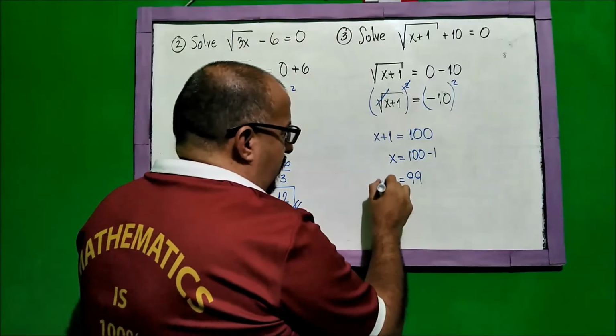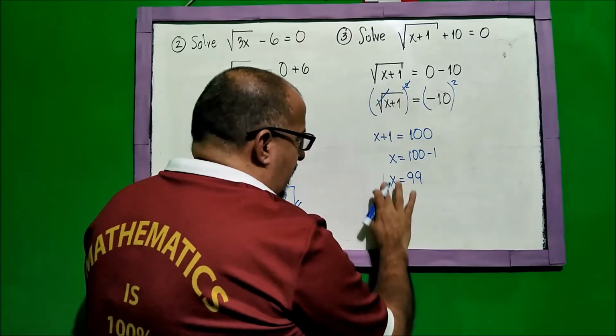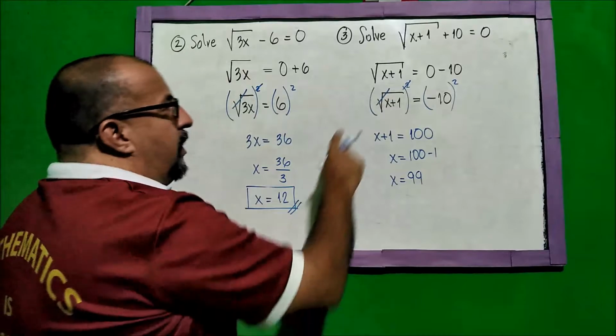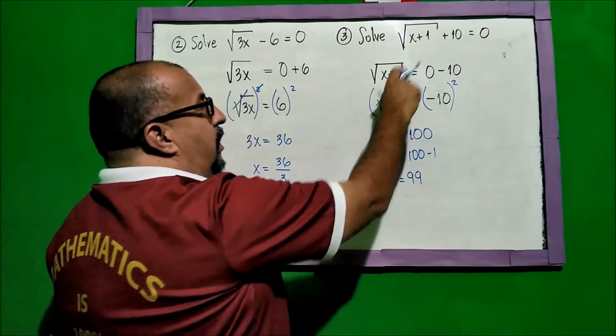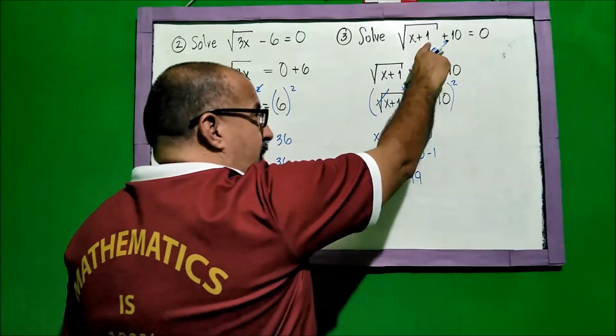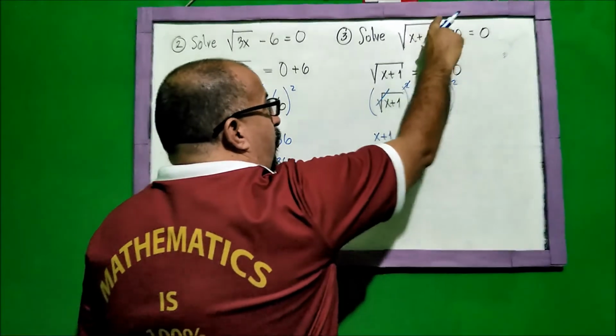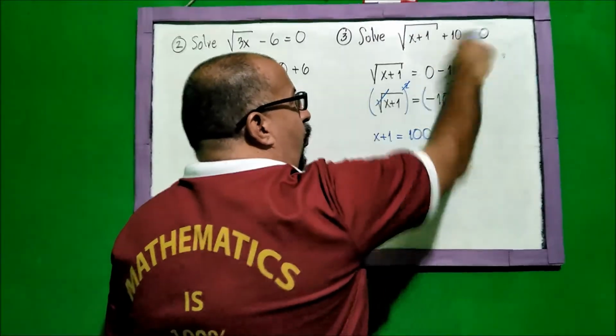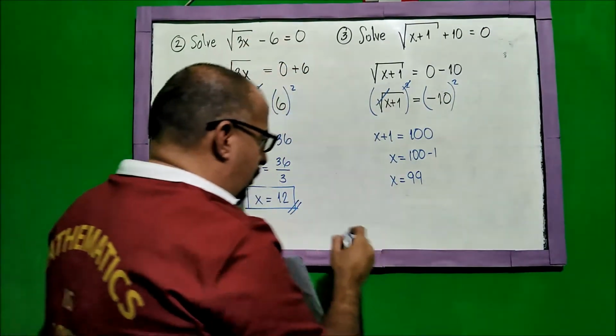So, let's analyze what happens with this 99. I bring the 99 into the original equation. 99 plus 1 is equal to 100. The square root of 100 is equal to 10. 10 plus 10 will never be equal to 0.